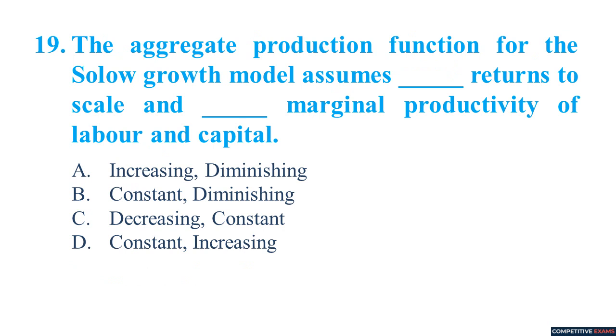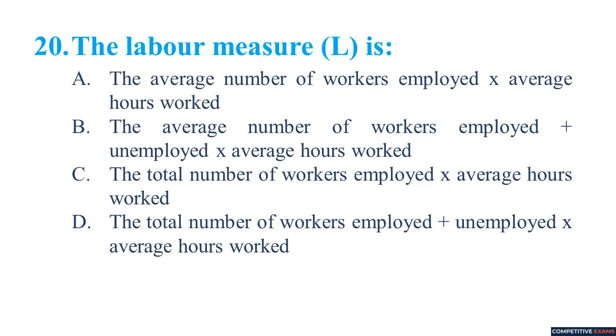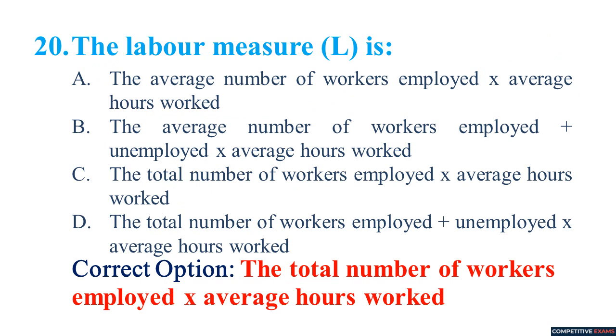The aggregate production function for the Solow growth model assumes dash returns to scale and dash marginal productivity of labor and capital. Constant returns and diminishing marginal productivity. The labor measure L is the total number of workers employed multiplied by average hours worked.